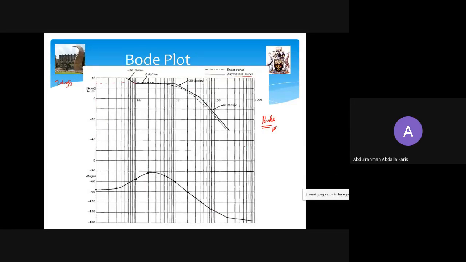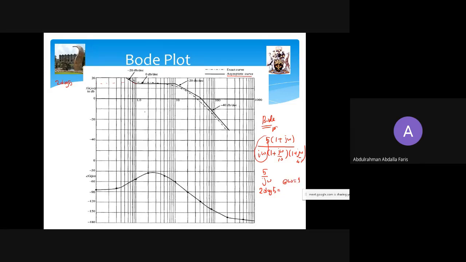So our transfer function was what? It was 5, 1 plus j omega over j omega, 1 plus j omega over 10, 1 plus j omega over 40. Okay. We said we start with this 5 over j omega, and this is actually a point. There is a point which is 20 log 5 at omega equals 1.